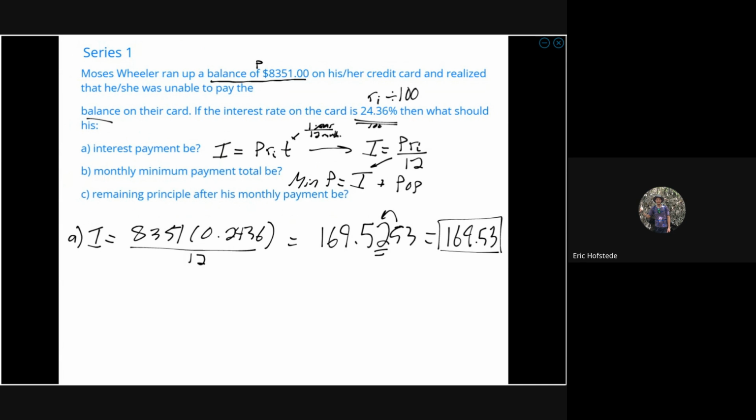Payment off principal is going to be the same for every credit card company, and it's going to be calculated using 2% of your balance, or 0.02 times P. So when we bring that all together, my minimum payment is equal to PR over 12 plus my payment off principal, 0.02 times my principal again. And I'm given all of that information in this question.